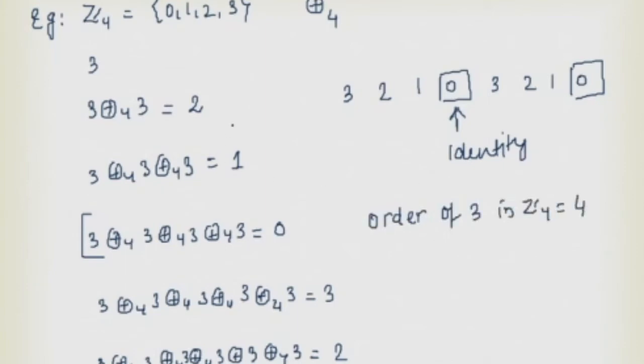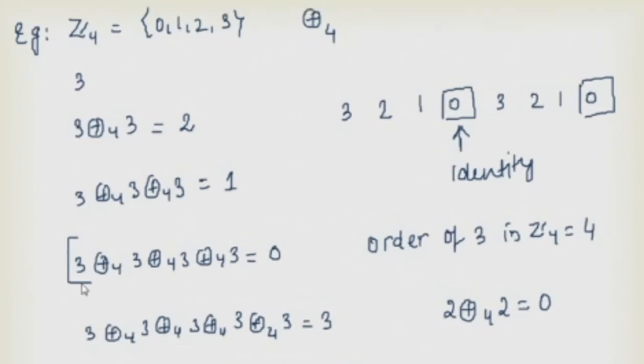You can do this exercise with all the other elements. For example, if you operate 2 with itself, you know that 2 addition modulo 4, 2 will give you 0, and hence the order of 2 becomes 2. The order of 1 is 4 because the minimum number of times you have to operate 1 with itself is 4.